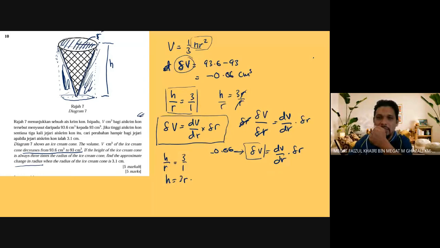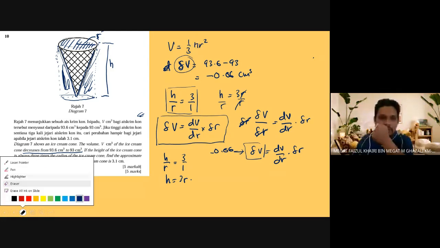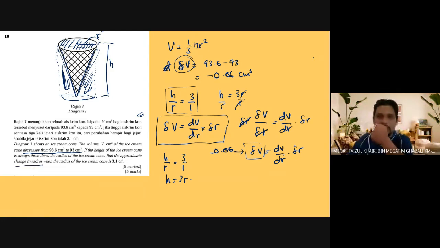So from here we can simply substitute. Okay, I forgot something here. The formula of this cone is 1/3 pi r squared h.